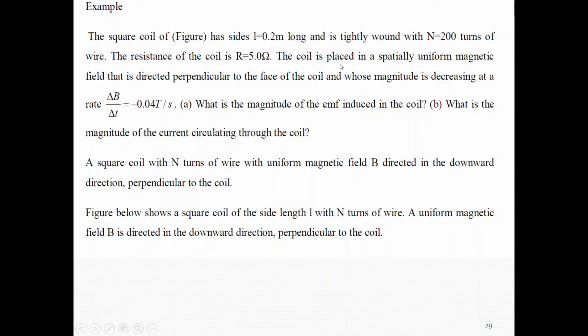The coil is placed in a uniform magnetic field that is directed perpendicular to the face of the coil and whose magnitude is decreasing at a rate of change in B over change in T equal to minus 0.04 Tesla per second. So the first question is, what is the magnitude of EMF induced?